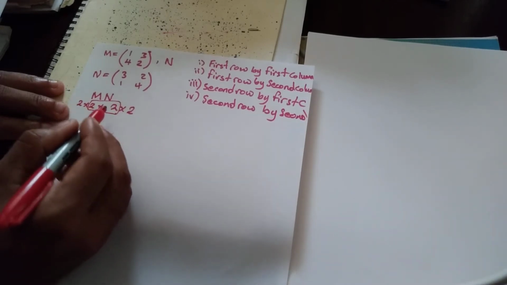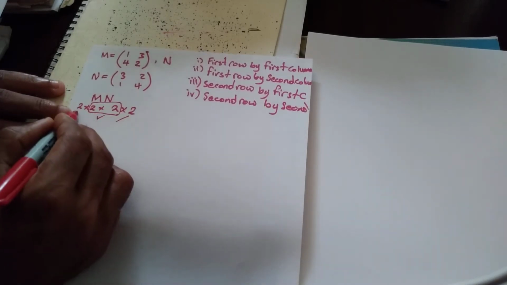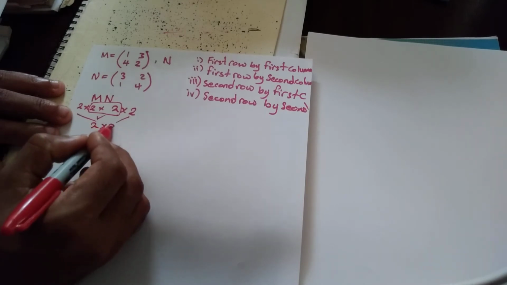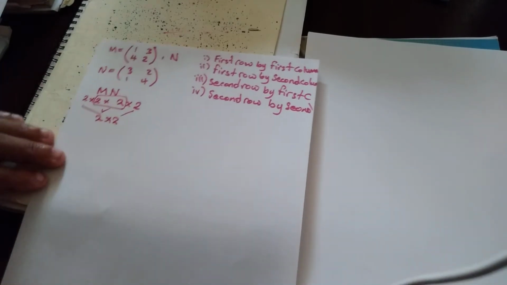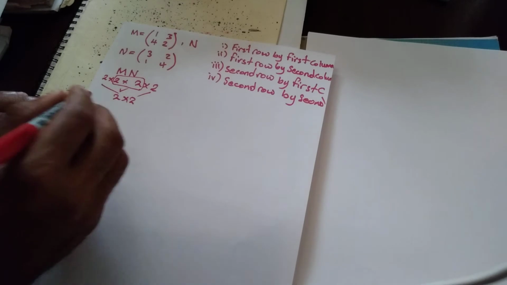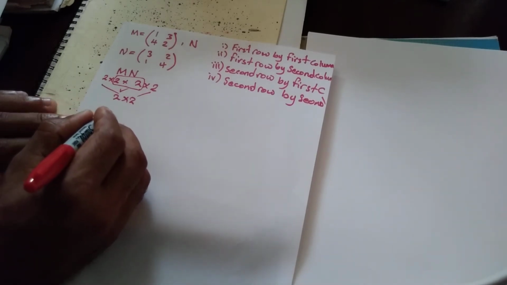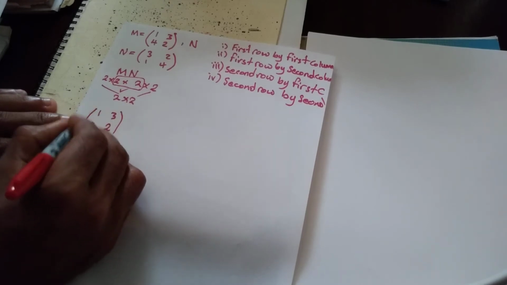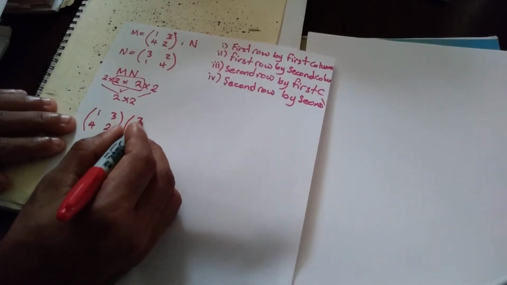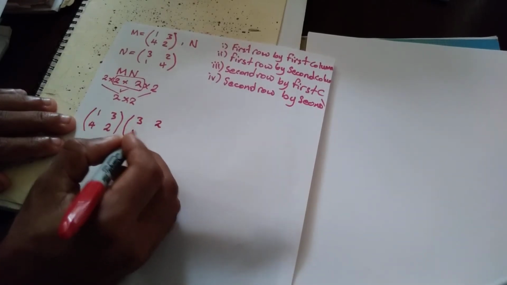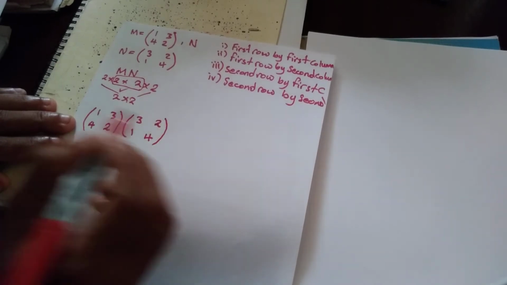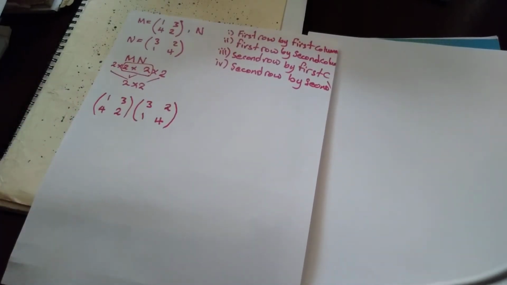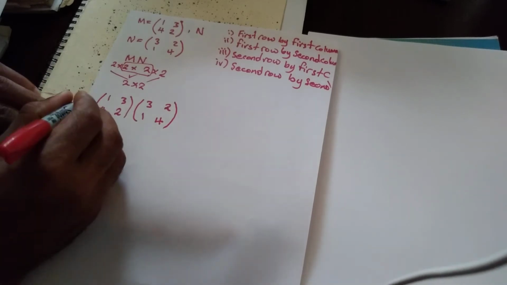Yes, so we can multiply them, and the result is going to be a 2 by 2 matrix. So let's multiply them. So we're going to have 1, 3, 4, 2, 3, 2, 1, 4. So I'm going to show the step by step working out for this one.